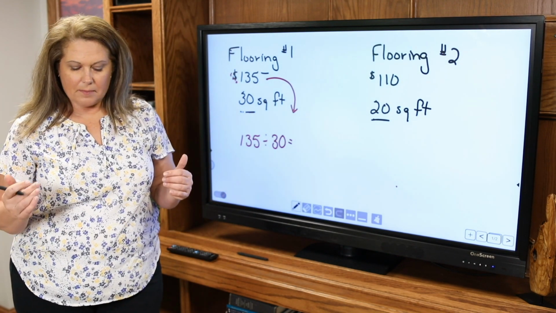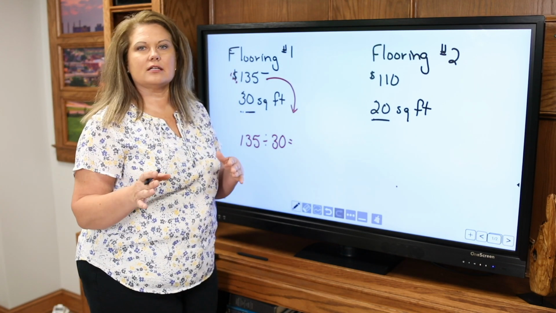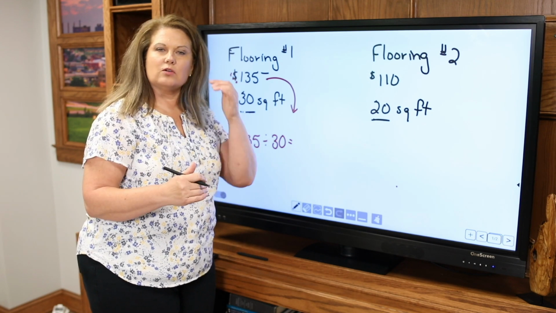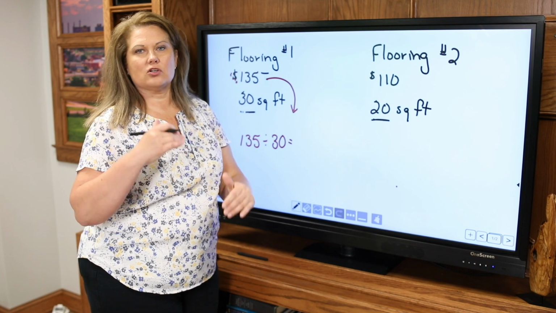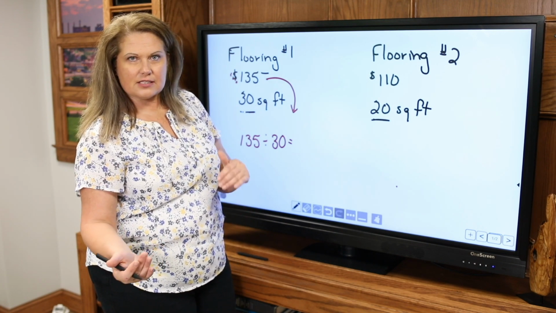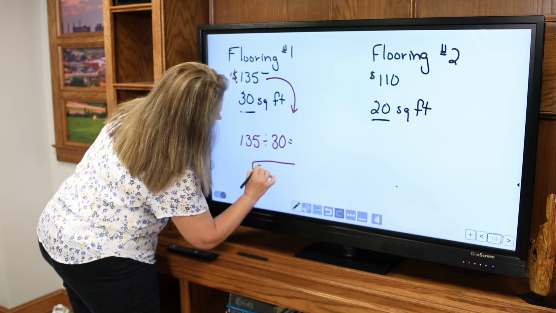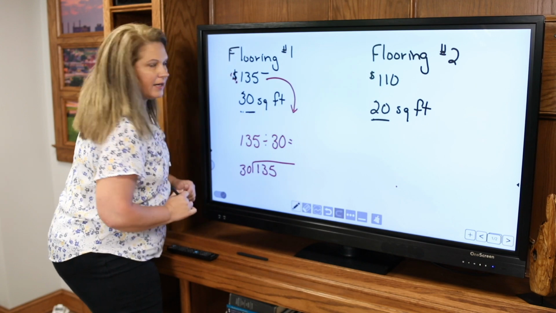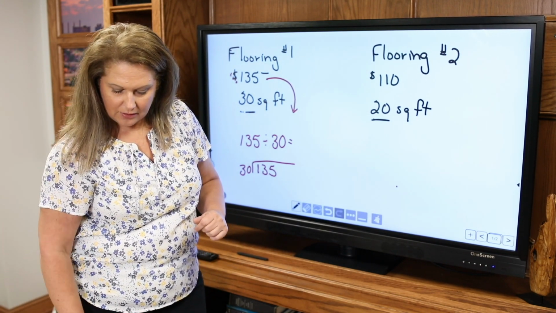If you're doing it by hand, now this is something that I've noticed a lot of students do. They reverse the way they need to do their division, and they actually put their divisor inside their division sign instead of on the outside. So 135 divided by 30. And I've already done that math for you.